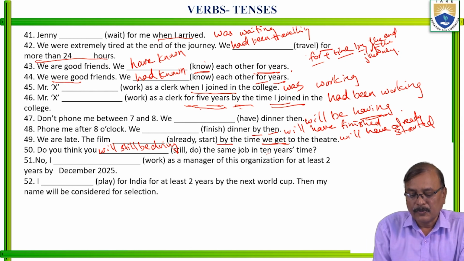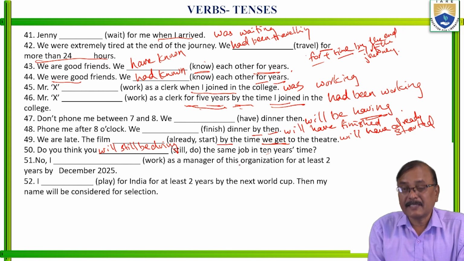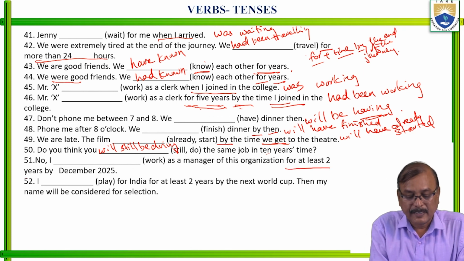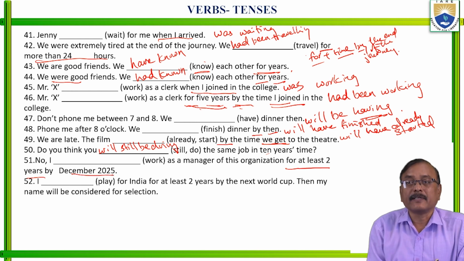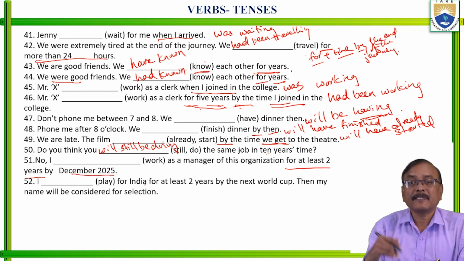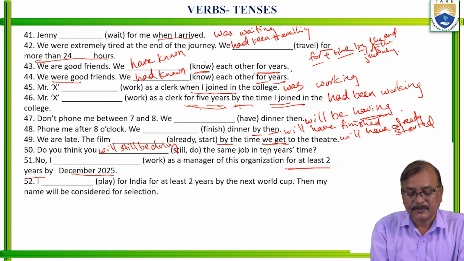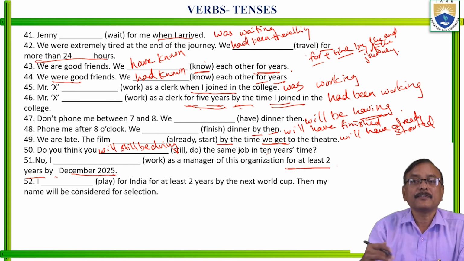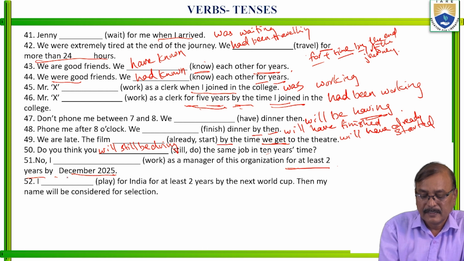Next, I dash work as a manager of this organization for at least 2 years by December 2025. For plus time, for at least 2 years, by future only. For plus time by future, future perfect continuous tense.